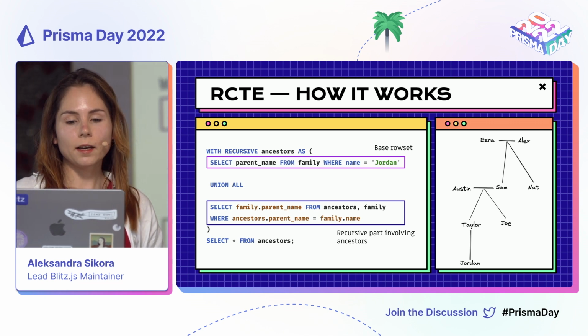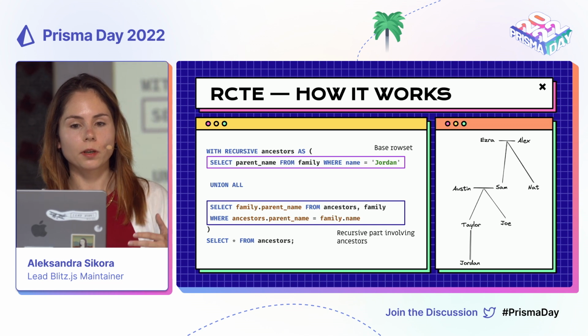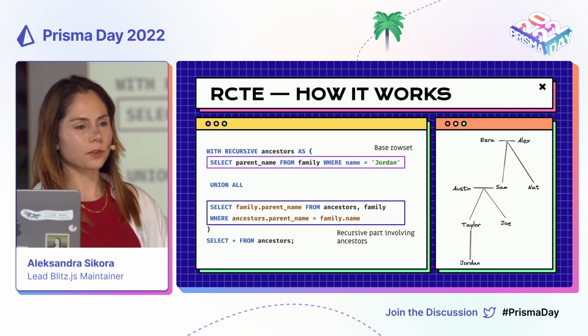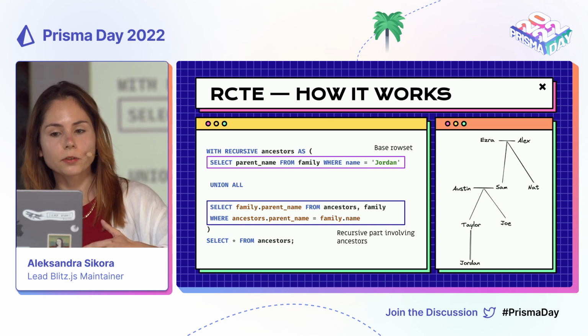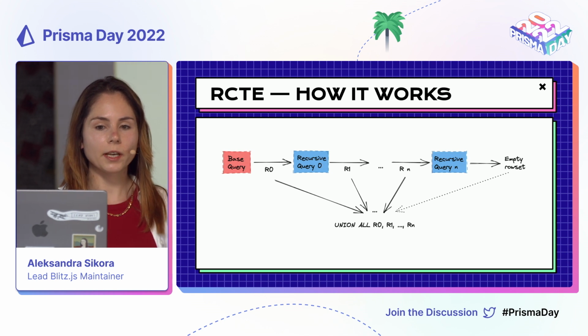So this may look complicated, that we called the recursive query ancestors, but we are also referencing it inside of it. So let's take a look at this visual explanation.